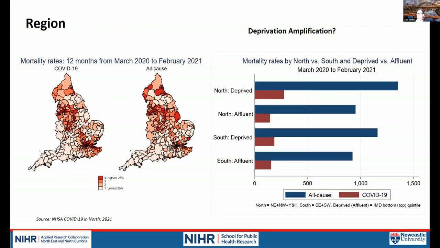And in this bar chart, you can see that for COVID-19 mortality, the rates are particularly high in deprived areas of the north, higher than in equally deprived areas of the south. And you can also see with the red bars that the more affluent local authorities in the north, their rates are very similar to affluent areas in the south. So we can see this kind of interaction between the north and deprivation.